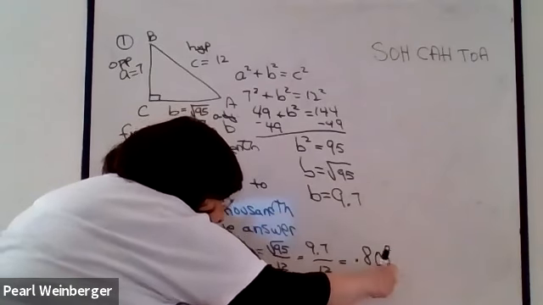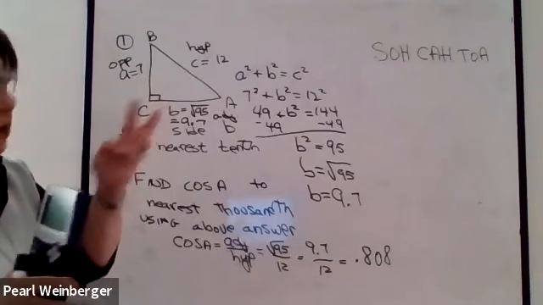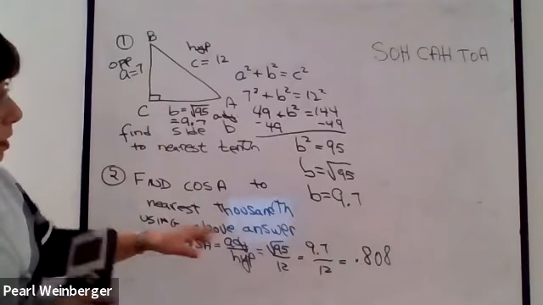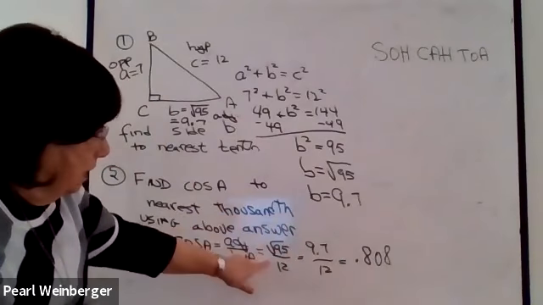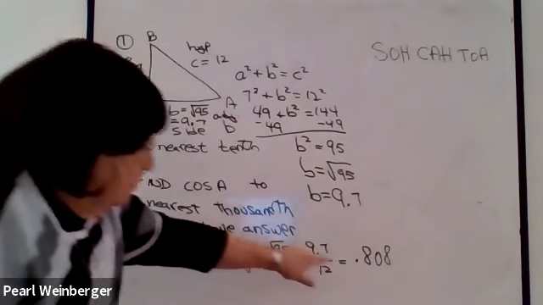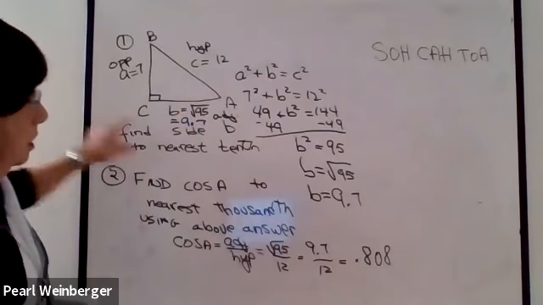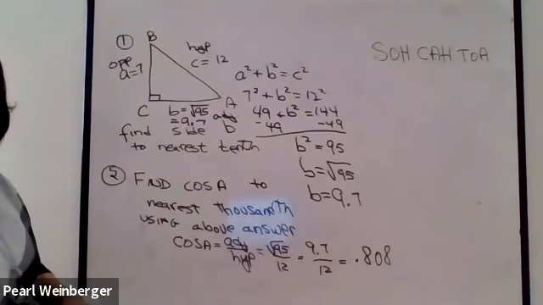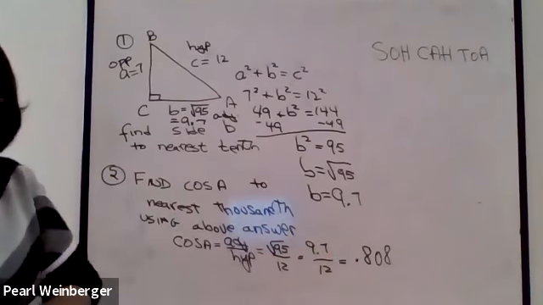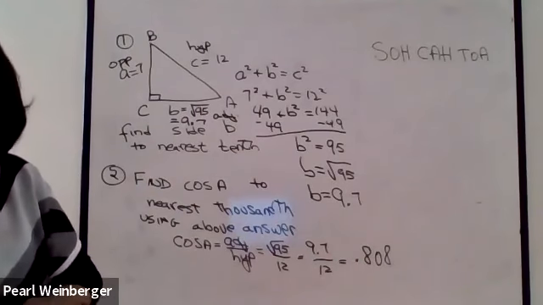I stop there. The next number is a 3, and nearest thousandth is 3 decimal places. So in radical form, it would be the square root of 95 over 12. In decimal form, using the answer from before, it would be 0.808. And that's how we would do this problem.